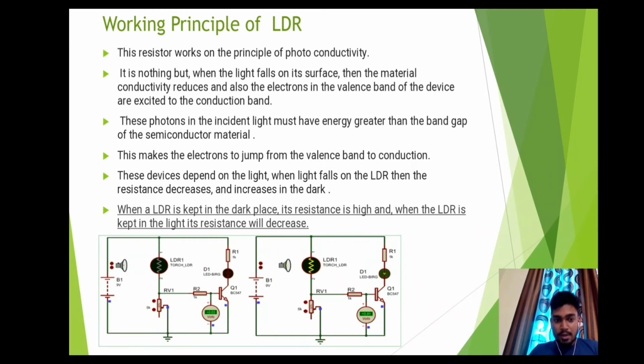Means when the LDR is kept in a dark place, its resistance is too high. And in the second condition, when light falls on the surface of the LDR, its resistance will decrease, and it gives us more output, 0.9 volt, as compared to the previous condition, 0.03.